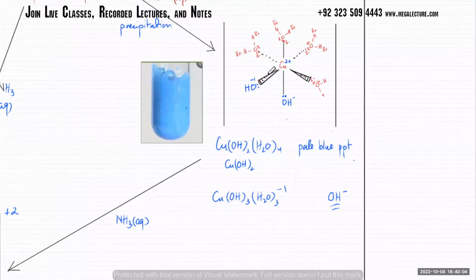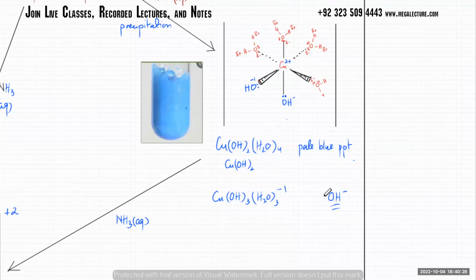It became neutral because copper is +2 and OH is -1, OH is -1. So if it is neutral, then it will stop attracting OH ions, right? And if a third OH ion does come in, then it will become negatively charged, and then there's no attraction. There's only going to be repulsion.